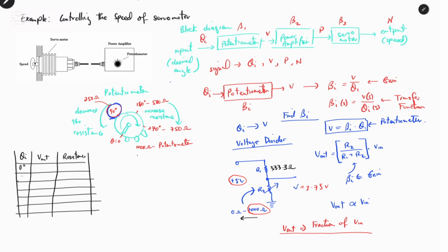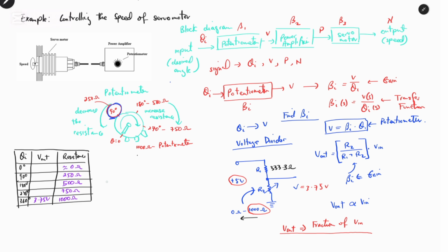So for 0 degree, 90 degree, 180 degree, 270 degree, and so from this data, when it is 360, we say 1000 ohm, where the Vout is 3.75 volts. And for 270 degree, we should have 750 ohms, 500 ohms, 250 ohms, and let's say equivalent to.